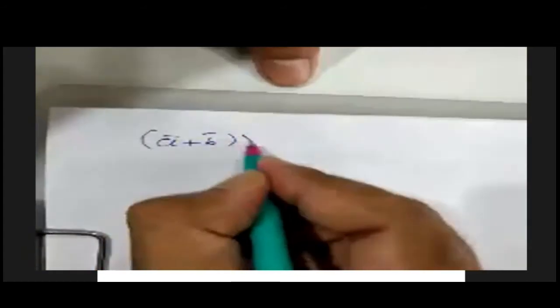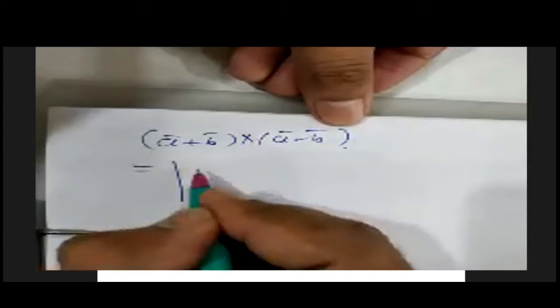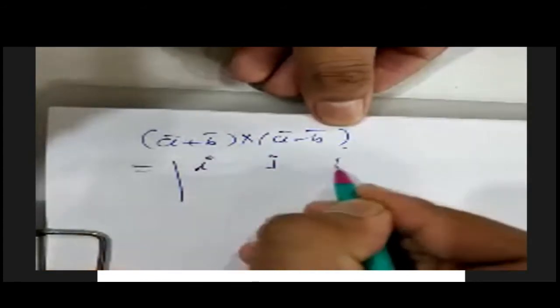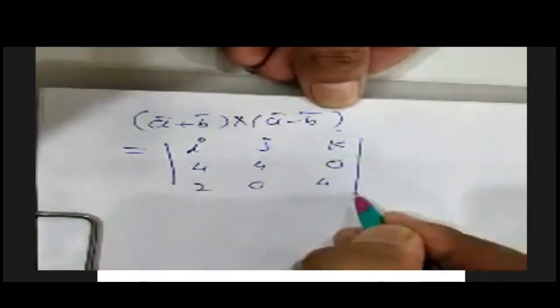So for that, let me take a new page. Let's find a bar plus b bar cross a bar minus b bar. For that, a determinant of 3 by 3. So i, j, k written. A bar plus b bar is 4, 4, 0. A bar minus b bar is 2, 0, 4.